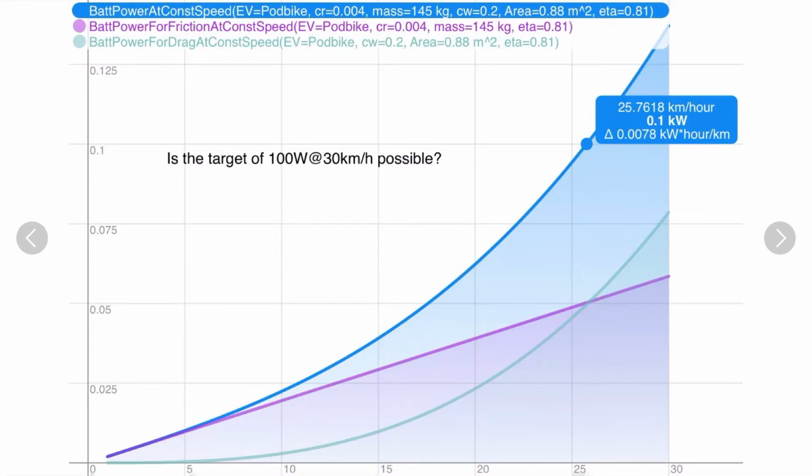A statement also was that the Podbike has the target of approximately 100 watt at 30 kilometer per hour, and I evaluated whether this is possible. If I do this with the equations here, I'm assuming here still an efficiency factor of 0.81, because we have two motors here in the e-bike.